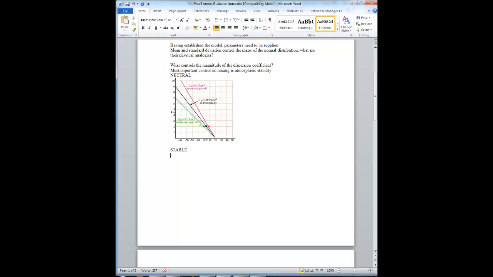We're most interested in this green one, which is the unsaturated lapse rate, known as the dry adiabatic lapse rate, the DALR, and that's showing the rate of temperature decrease with altitude.